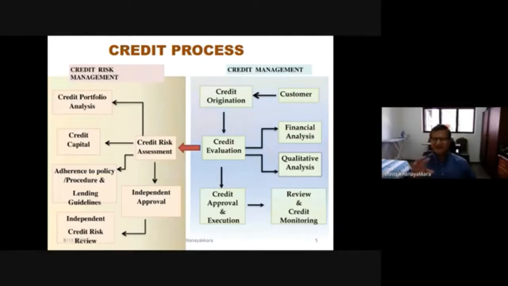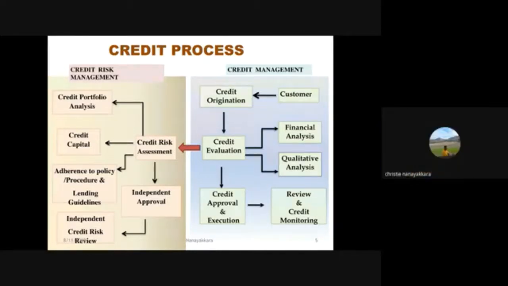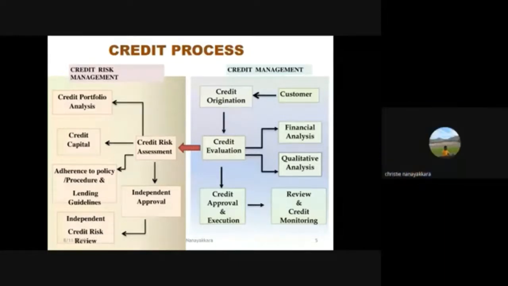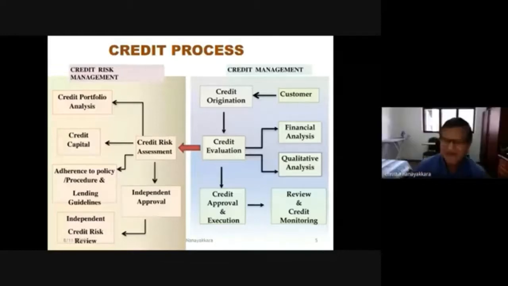Apart from that, there are other analyses we call qualitative. Qualitative means that which cannot be given in numbers, because those are also important. If you get a client whose name appears in CRIB, that means he's a defaulter. You wouldn't like to give him a credit facility.